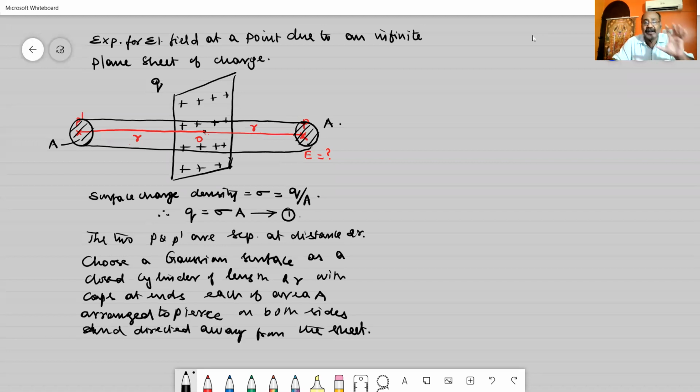This is what we are calling the Gaussian surface. So the Gaussian surface is considered to be symmetrical.